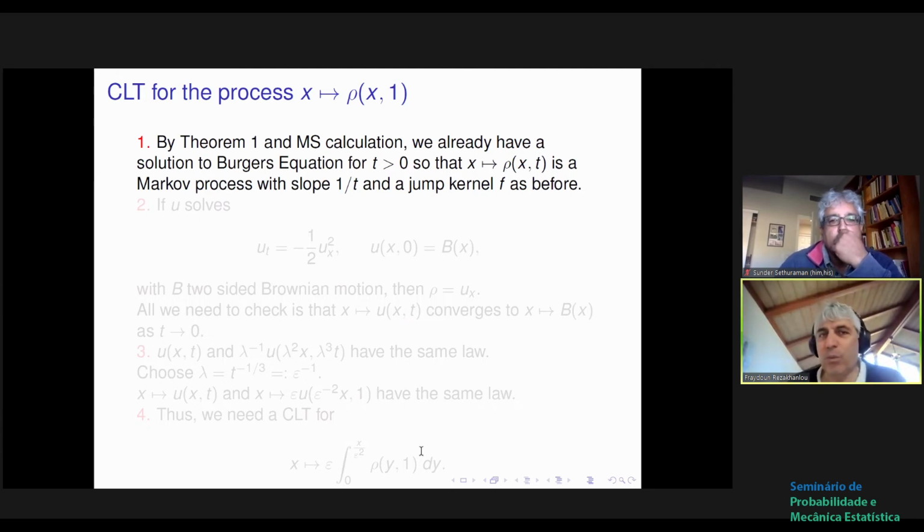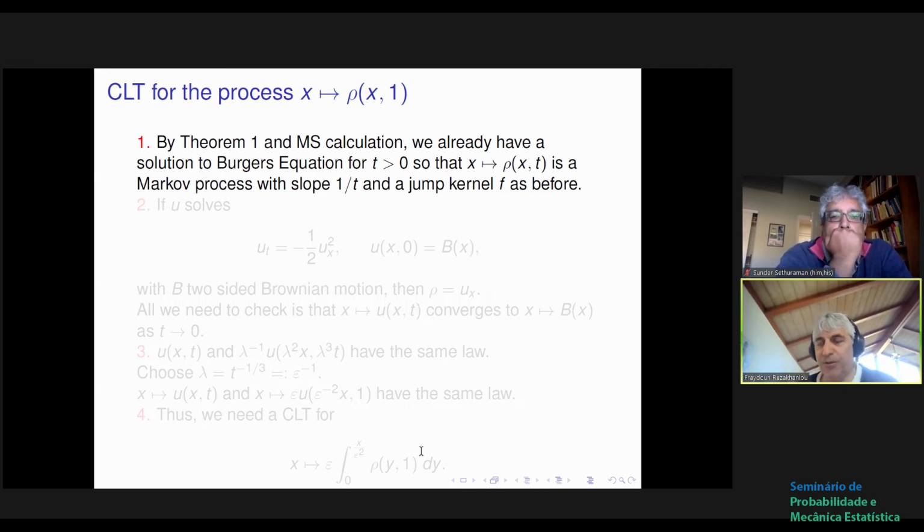You see, once you have theorem 1, which verifies the Menon and Srinivasan conjecture, what it really means is that we have a solution to Burgers' equation for t positive, and for each positive t, you have a Markov process. This Markov process is piecewise linear, and it has a jump kernel, and the jump kernel, according to Menon and Srinivasan's calculation, is an explicit solution to the kinetic equation.